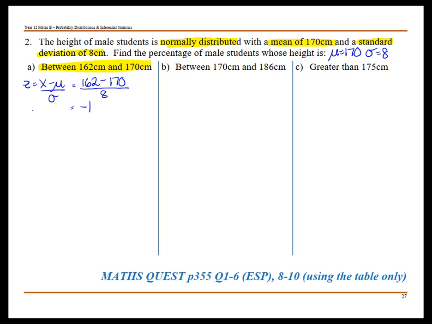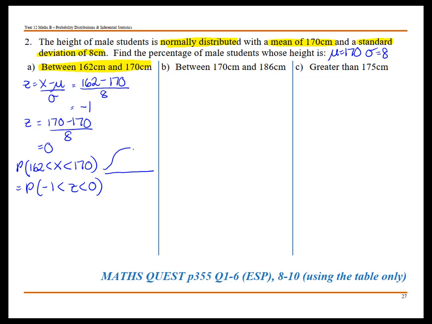And then my other Z-score is going to be equal to 170 minus 170 divided by 8, which is 0. Okay, so I'm finding the probability that 162 is less than my x, which is less than my 170, which I can now write is the same as being between negative 1 and 0 in terms of my Z-score.